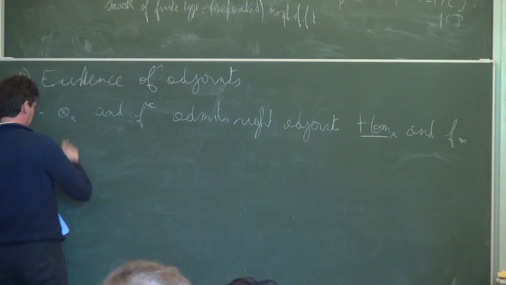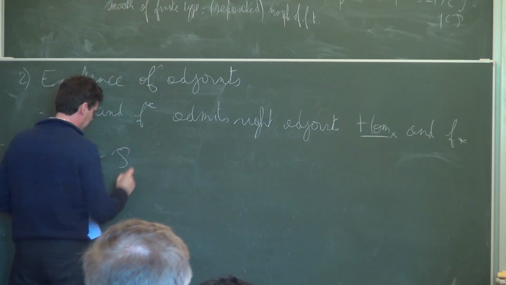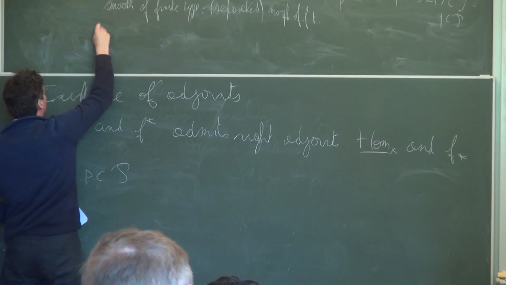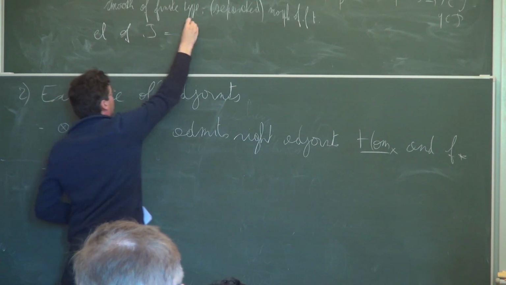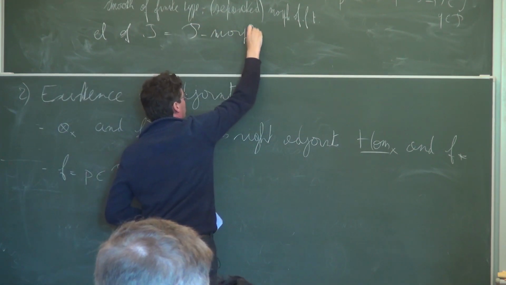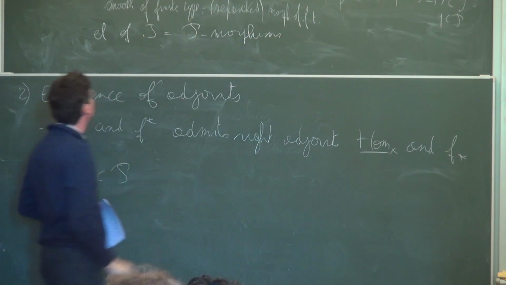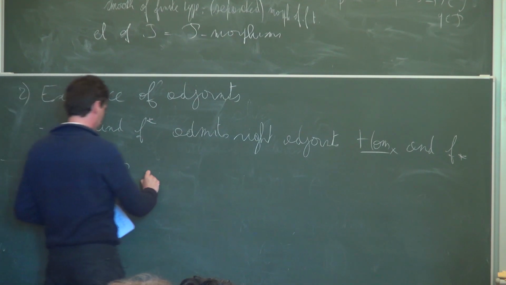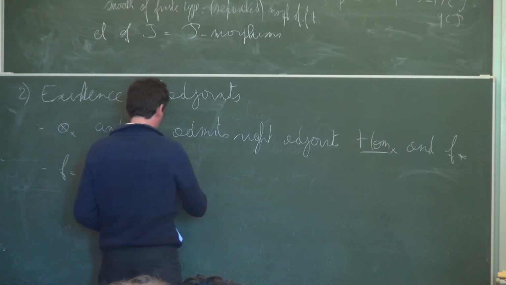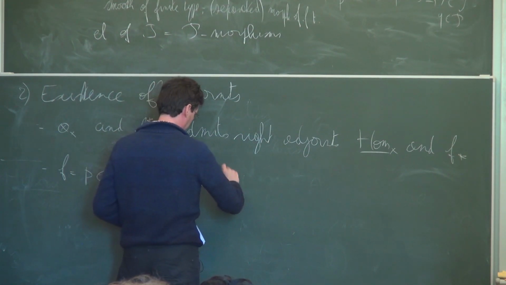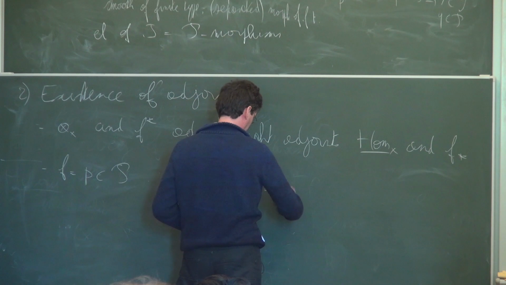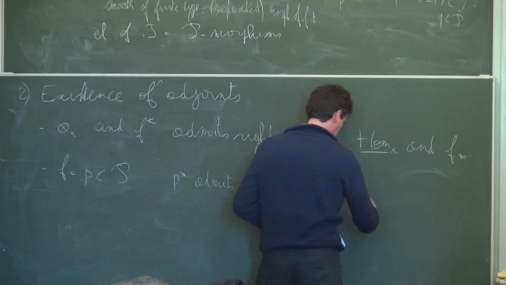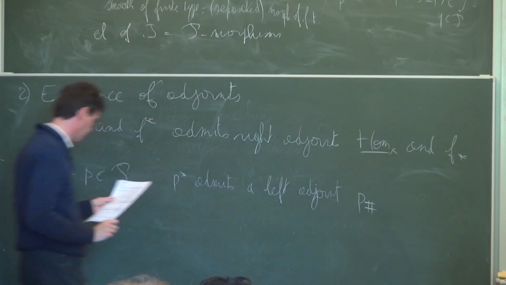And the last one is that if f equals p is a p morphism, say, sometimes I will say p morphisms, because if p is a class of smooth schemes, then we say smooth morphisms. So if f is equal to p, then p upper star admits, as we have seen earlier, a left adjoint, which is denoted p lower sharp.